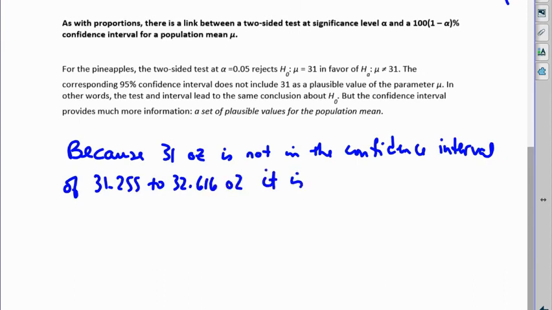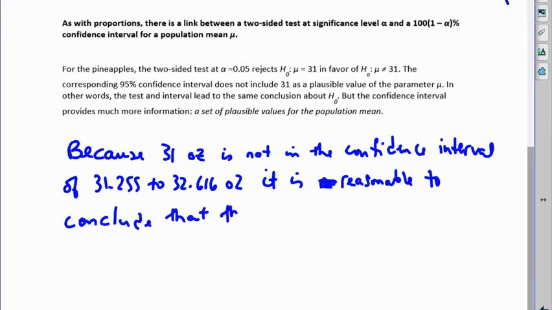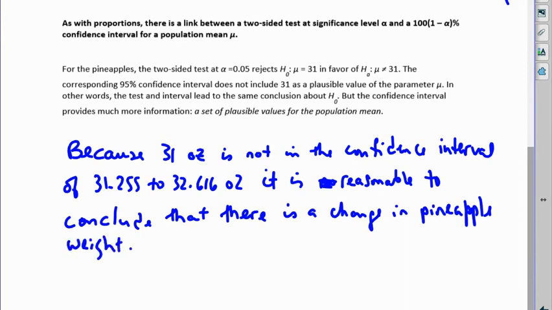It is reasonable to conclude that there is a change in pineapple weights. Okay, and so on to the next page.